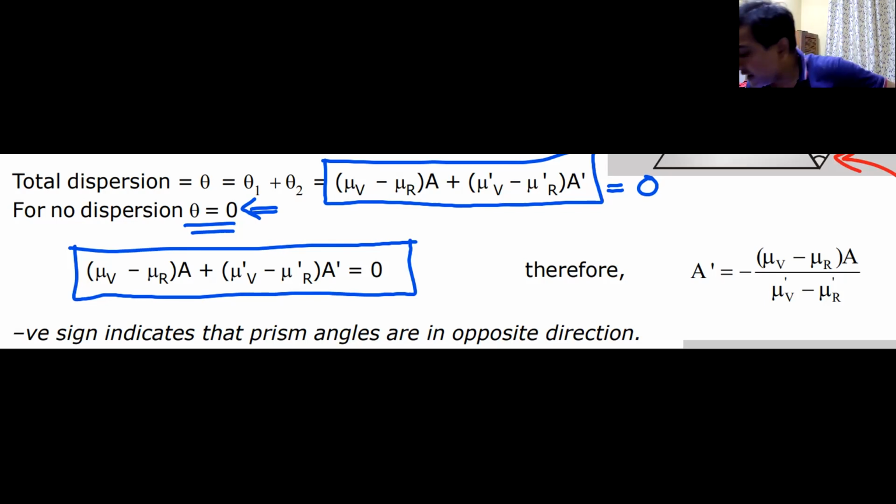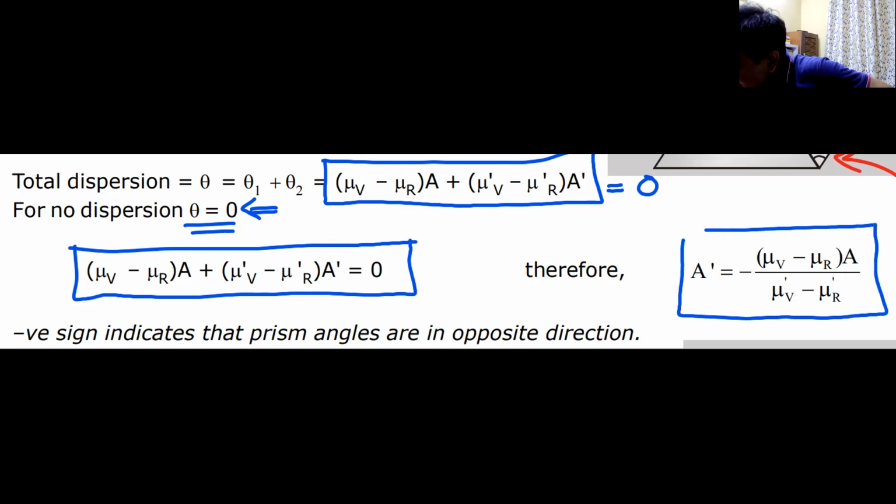Both of these should add up to 0. From here, I can find out the value of A dash. A dash, the angle of the second prism, will be minus (mu v minus mu r) into A divided by (mu dash v minus mu dash r). This negative sign indicates that this prism is in the opposite direction.